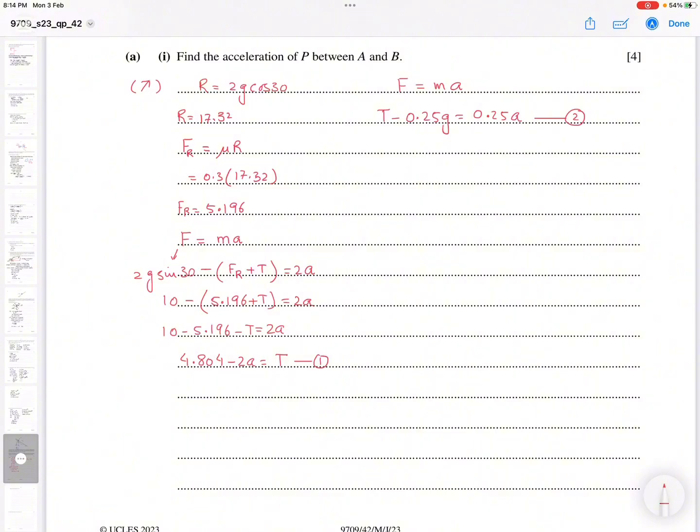In equation 1 we have already made T the subject, so the value of T is 4.804 minus 2a.